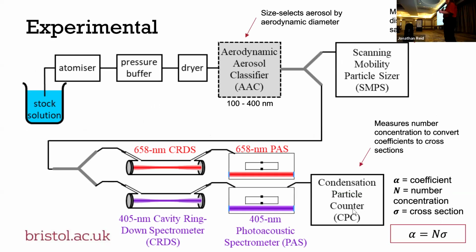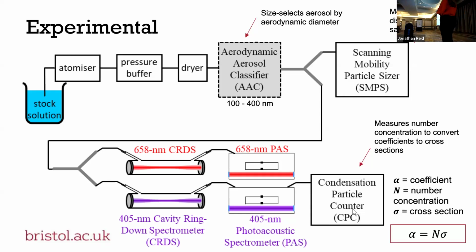Yeah, so this is a schematic of our experimental setup. So we make up our stock solution of our desired composition, in water, we atomize this, we've then got a pressure buffer to help maintain downstream pressure, we then dry our aerosols, and then we size select them using the AAC, which is the aerodynamic aerosol classifier.